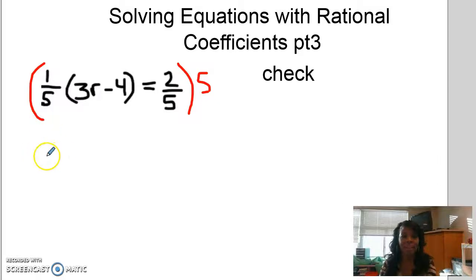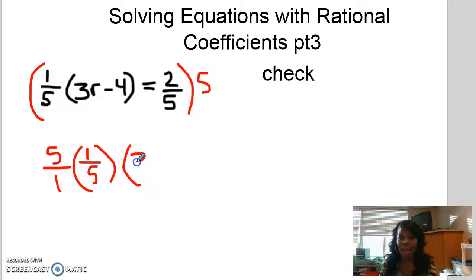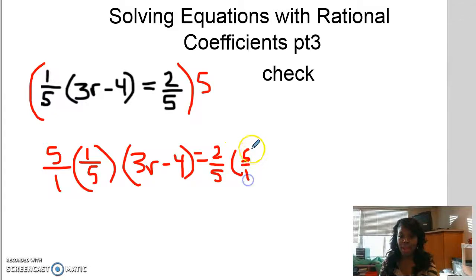Okay, so let's get started. So we're going to rewrite 5 times 1/5, and of course, when we take 5 times 1/5, we get a whole, times 3r minus 4 is equal to 2/5 times 5, over 1.